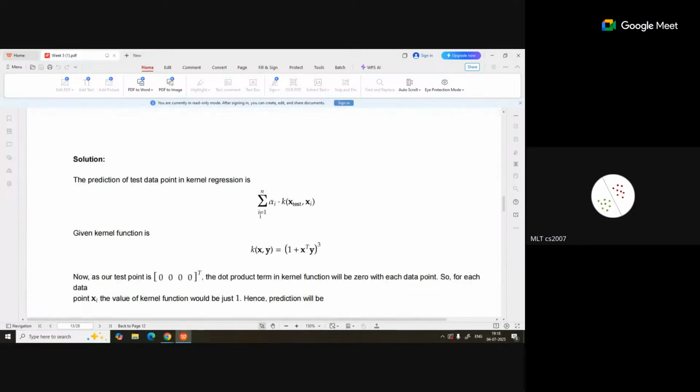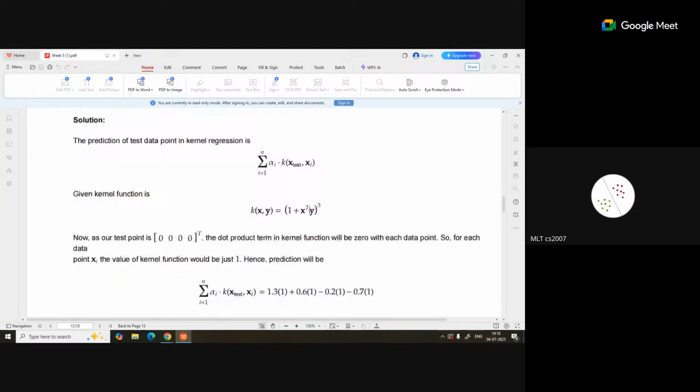The prediction is the summation of i equals 1 to n alpha i into k of x test and xi. The kernel given is the polynomial one, 1 plus x transpose y cubed.